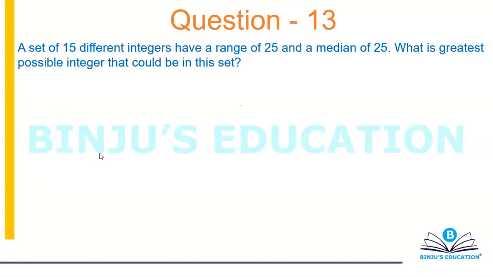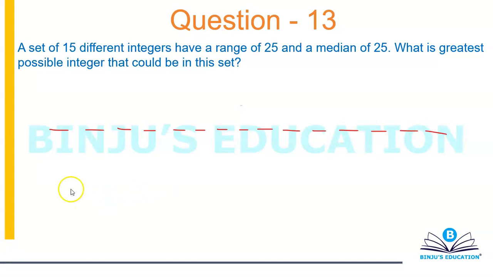A set of 15 different integers has a range of 25 and a median of 25. What is the greatest possible integer that could be in the set? So I have a set of 15 different integers: 1, 2, 3, up to 15.